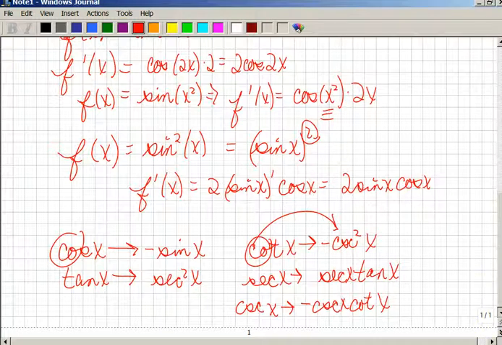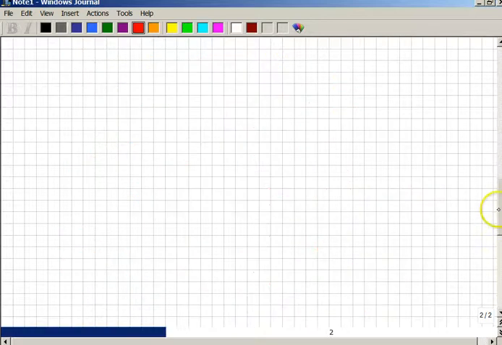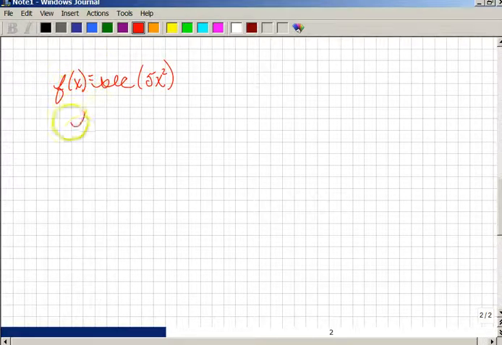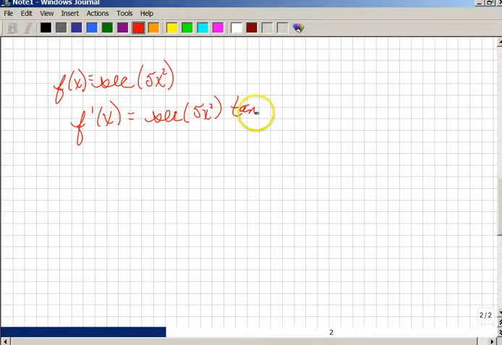Let's take a look at a couple quick ones as I scroll down here. Let's say we had the secant of 5x squared. That's our function, and we want to take the derivative. So the derivative of secant, you could look at your list of derivatives, but as I said, you'll learn them after you do them a few times. Secant is secant tangent, so it's going to be secant of 5x squared times tangent of 5x squared.